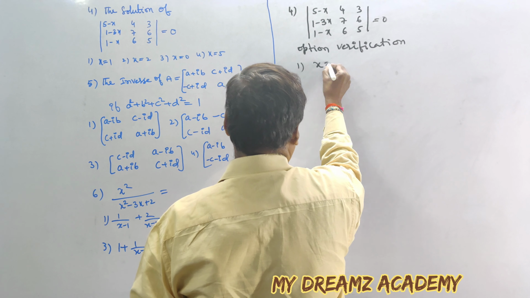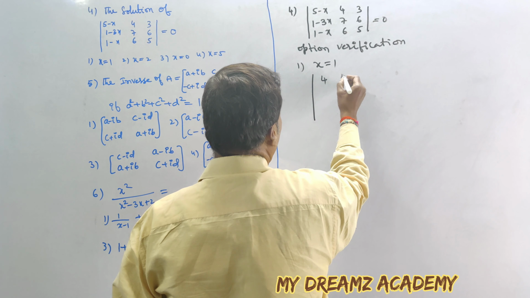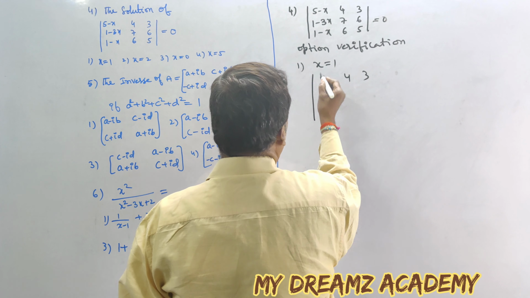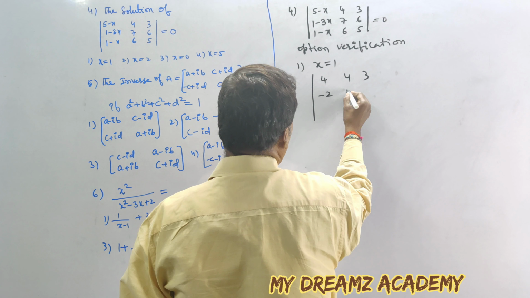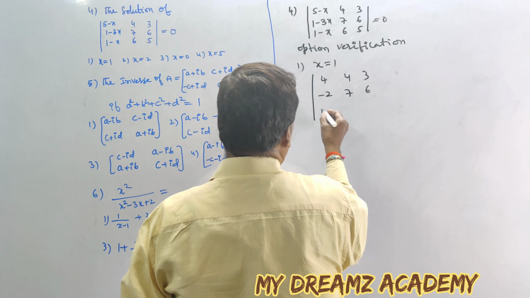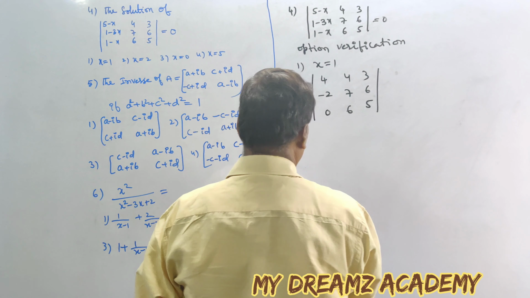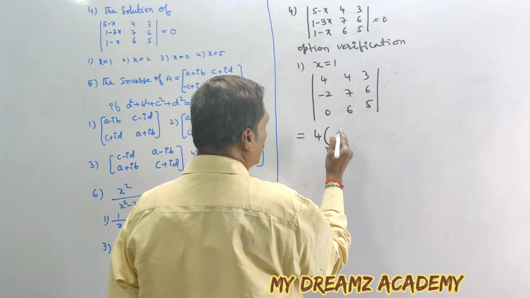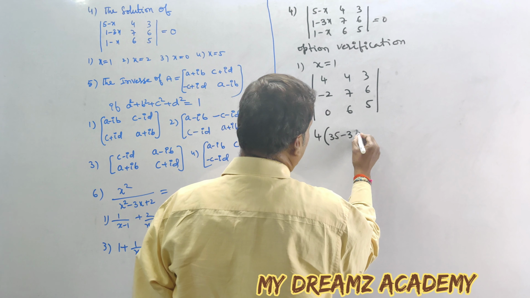First option x is equal to 1, I am substituting in the determinant. 5 minus 1, 4, 4, 3. Thus, if I substitute 1, minus 2, 7, 6, 1 minus 1, 0, 6, 5. We will find the determinant. What is the determinant? 4 into 7 into 5, 35, minus 6 into 6, 36.